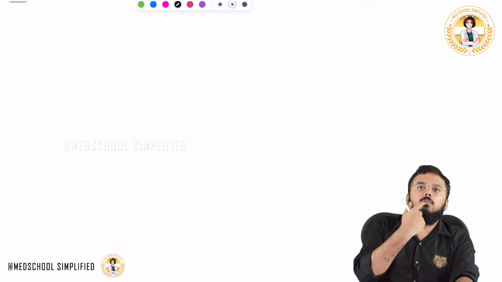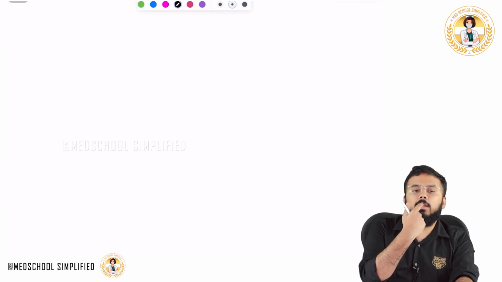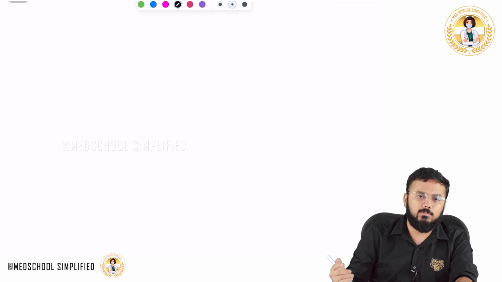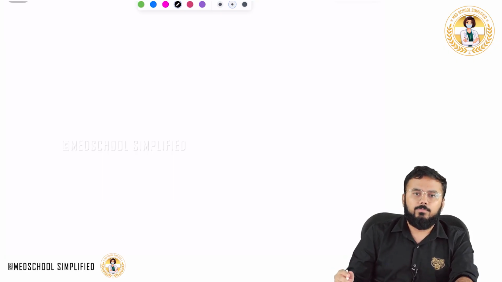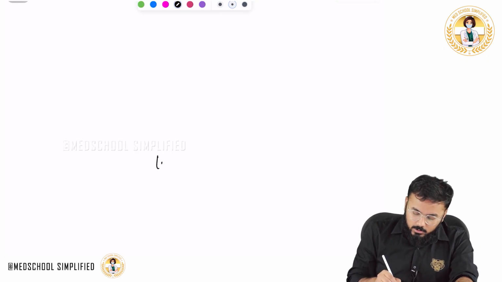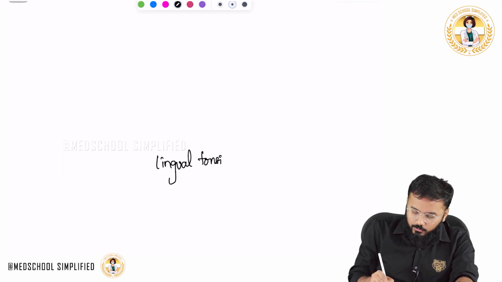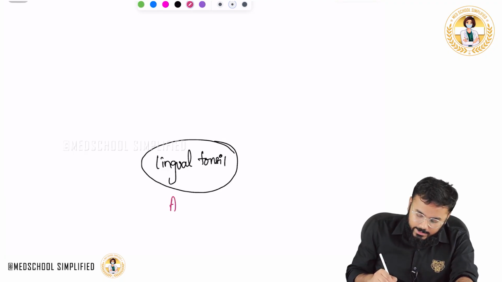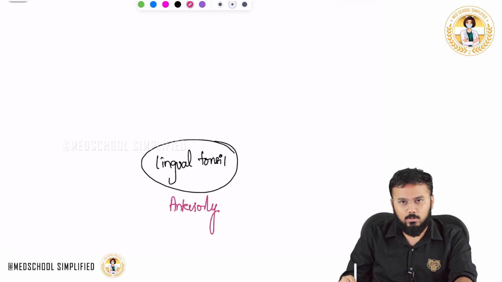But what are the tonsils that are located in the oropharynx? Anteriorly, you have got the tonsil called as lingual tonsil. Just now I have shown you. This lingual tonsil is located anteriorly.